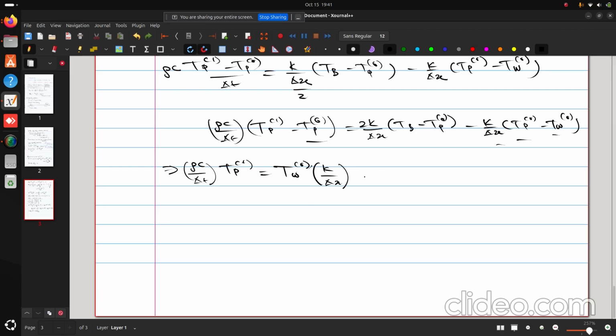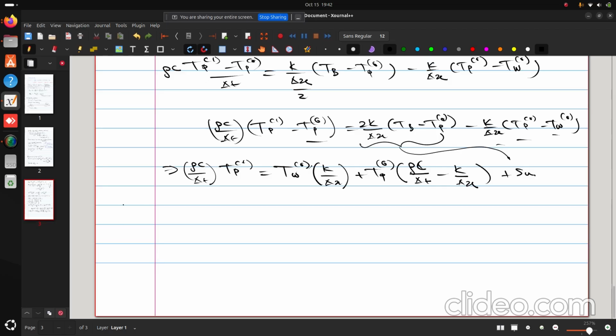Let's bring this TP naught to the right hand side, which will be rho c delta t, minus of k delta x, plus SU, which is nothing but this term.